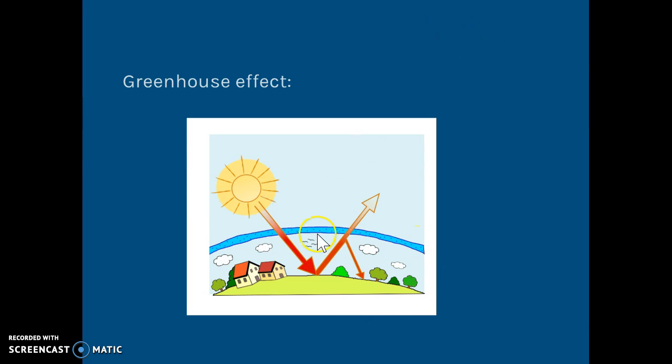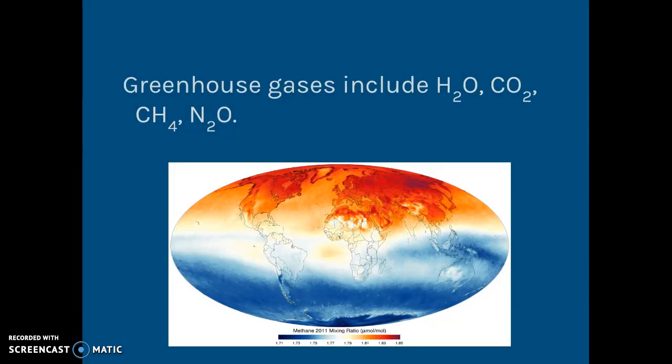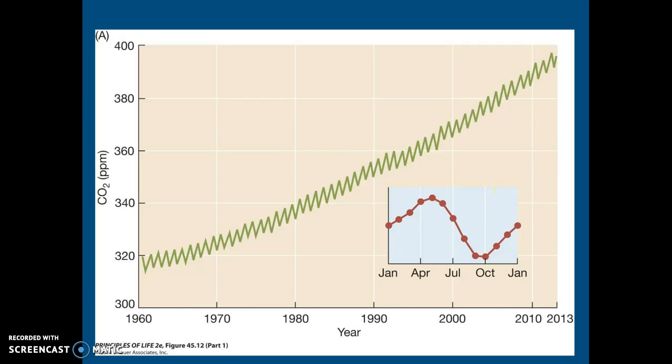So greenhouse gases are overall going to increase the global Earth temperature. Okay, so some of these greenhouse gases include water vapor, of course, carbon dioxide, methane, which is our CH4, and nitrous oxide, which is our N2O here. And of course, our global greenhouse gases have increased dramatically over time.